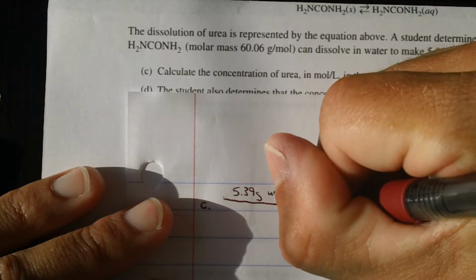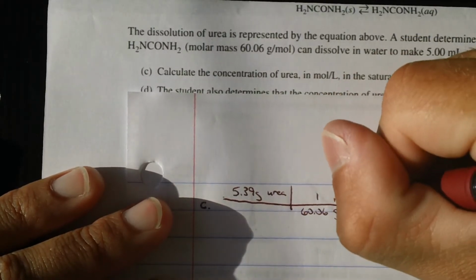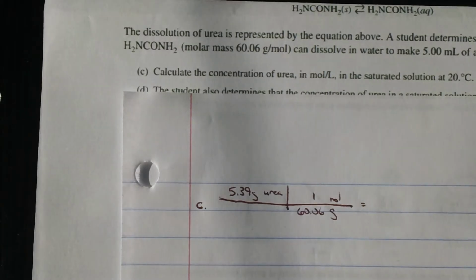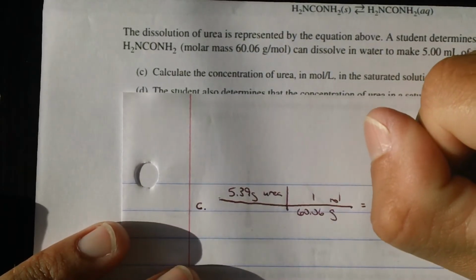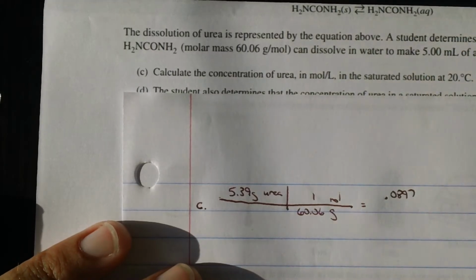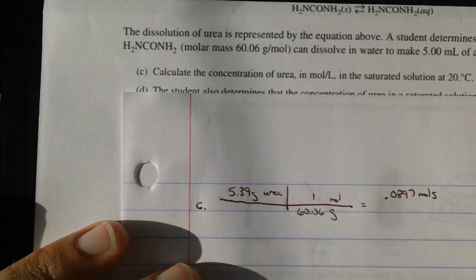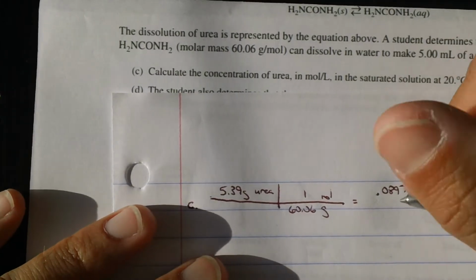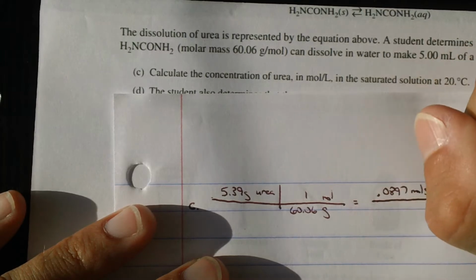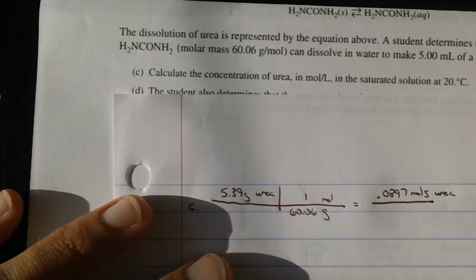60.06. They give me the molar mass, I'll go to the hundredths place. And that's going to give me the moles of the urea. I got 0.0897, I believe, moles of urea. You get a point for the number of moles, just like that. And then you divide that by the volume in liters.